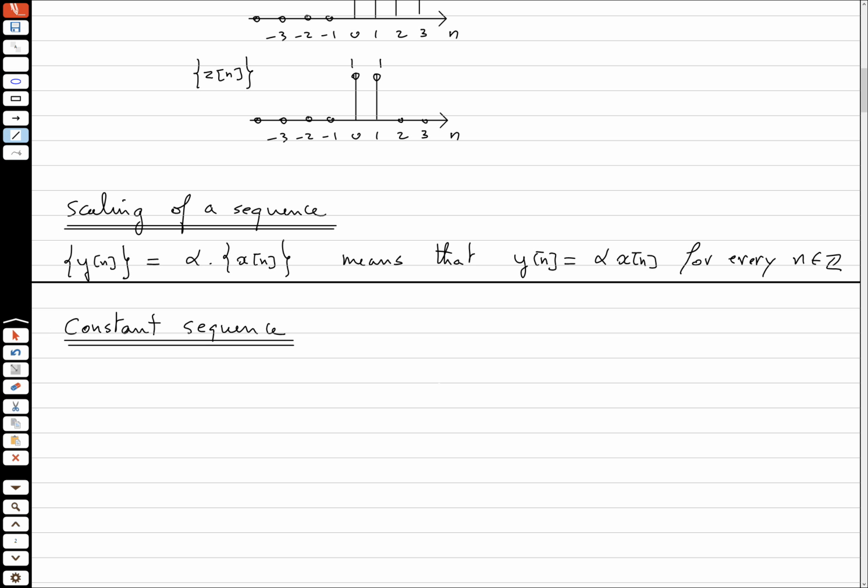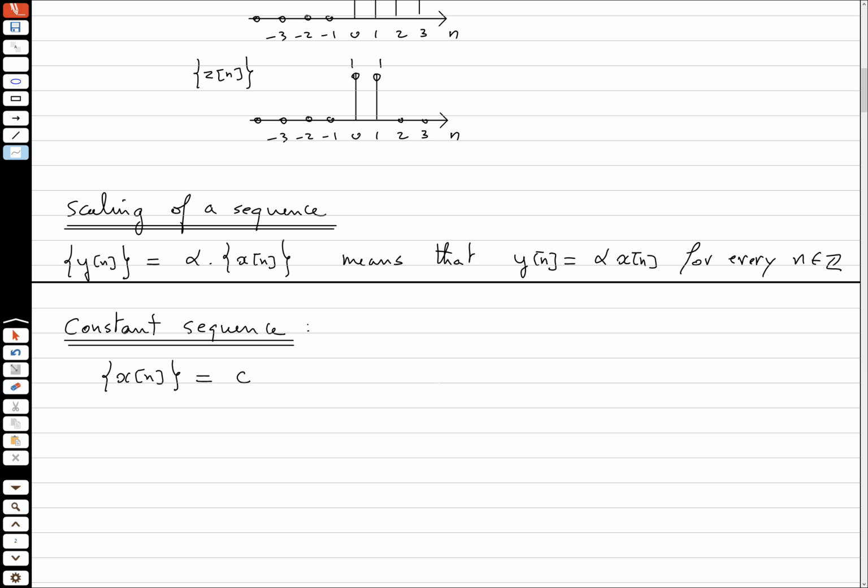Suppose I write x of n equals c. Normally this wouldn't be accepted because x of n is a sequence and c is a number.